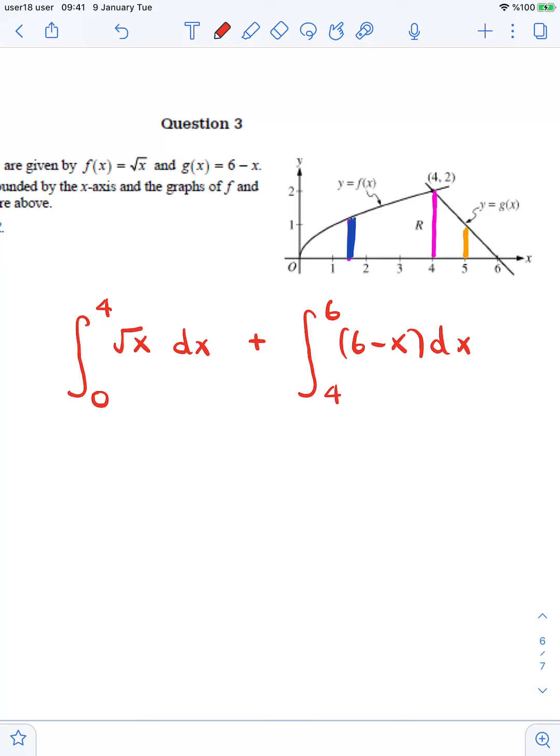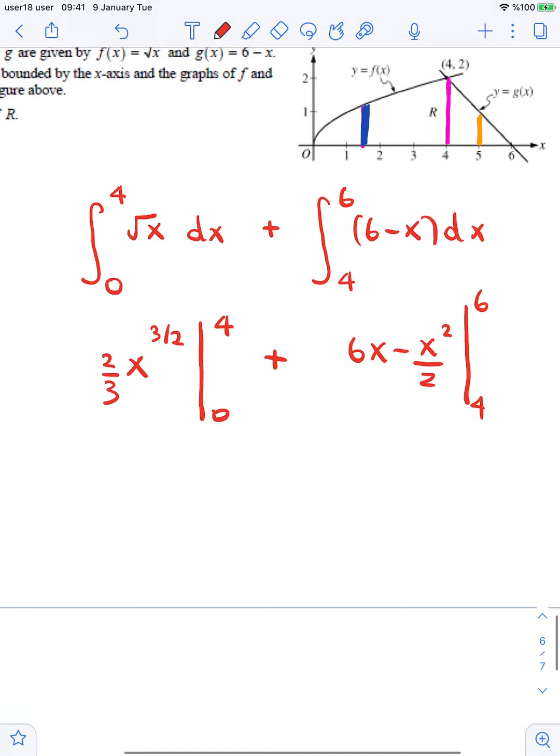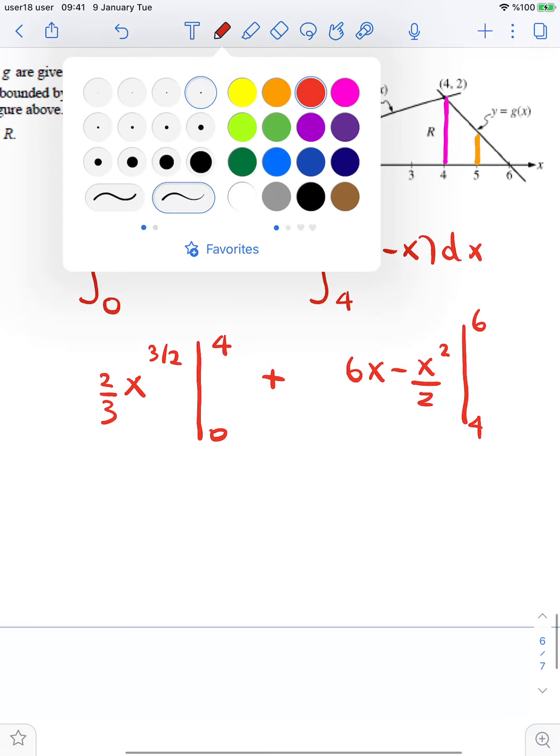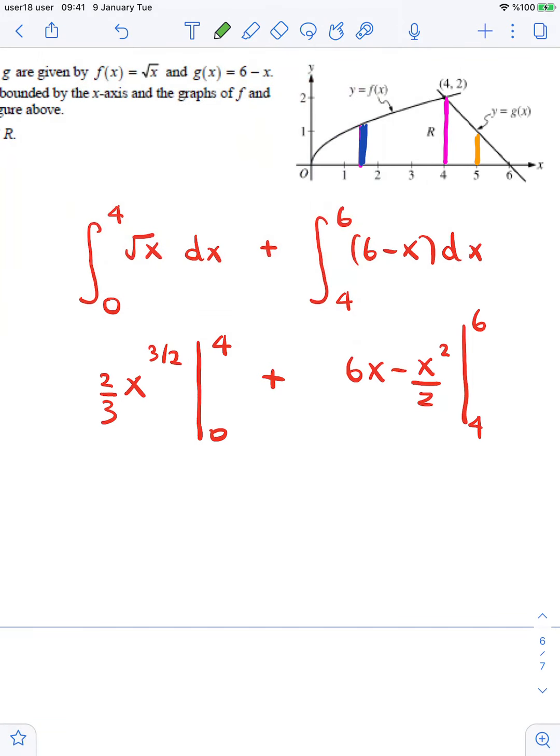Okay, well, the integral of root x, x to the power of half, will be x to the power 3 over 2 times 2/3 between 0 and 4, plus 6x minus x squared over 2 between 4 and 6. Let's work these out fairly quickly.